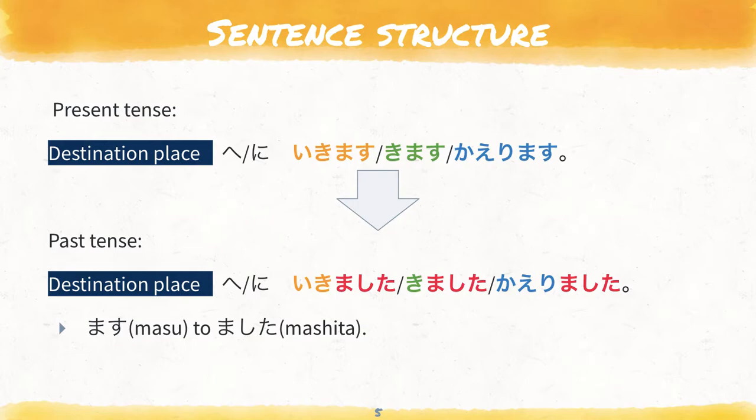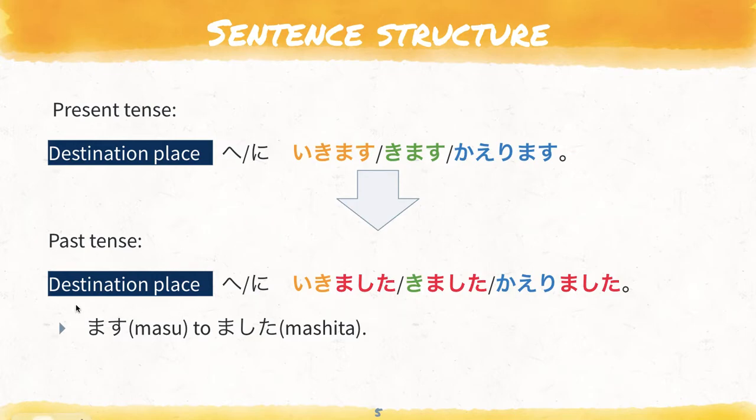These ones are showing the present tense and past tense. In the present tense, you would use ます. So 行きます、来ます、帰ります. But if you wanted to say it in past tense, all you have to do is change the ます into ました.